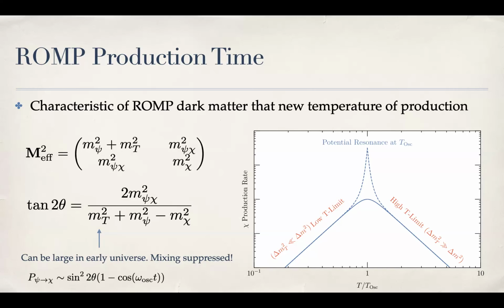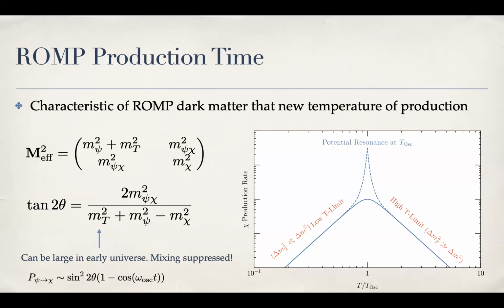To see this, remember from quantum mechanics the simple probability of oscillations from one state to the other. That probability goes like sine squared of 2θ, where θ is your mixing angle, which can have some temperature dependence, times 1 minus cosine of your oscillation rate times time. Now, your scattering rate is how you make these quantum mechanical measurements.